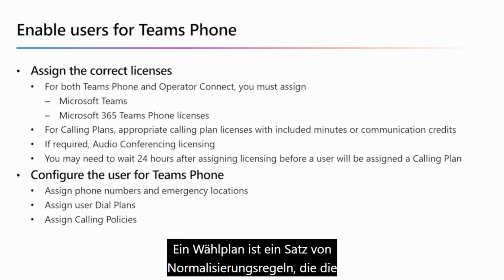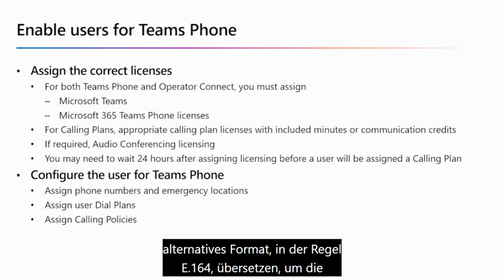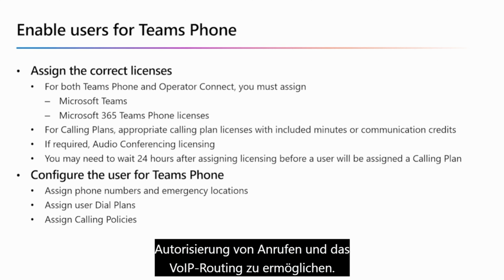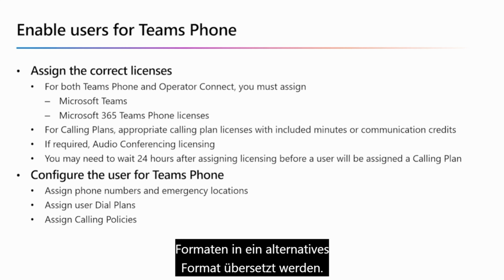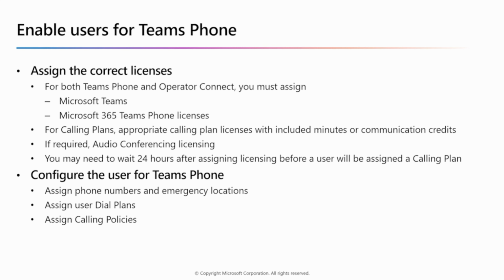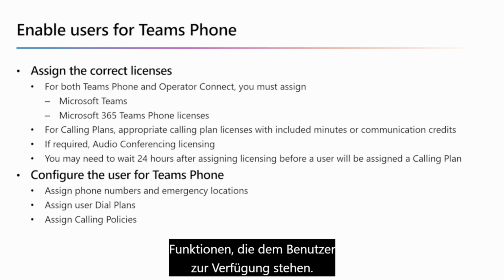A dial plan is a named set of normalization rules that translate phone numbers dialed by an individual user into an alternate format, typically E.164, for purposes of call authorization and voice routing. They describe how phone numbers expressed in various formats are translated to an alternate format. A calling policy controls the calling features that are available for the user.